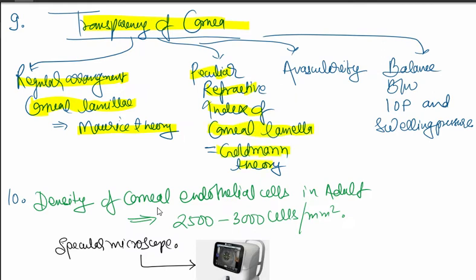It is the Goldman theory. So refractive index के बारे में बात करेगा, that is Goldman theory, and arrangement, Maurice theory. Okay, there is avascularity, so no vessels in cornea, and there is a balance between IOP and swelling pressure.